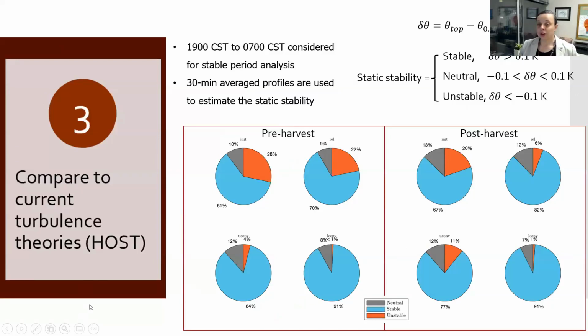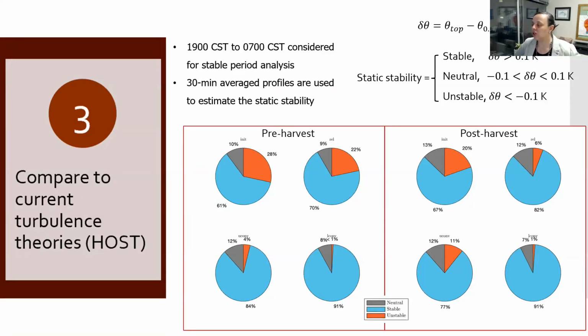Okay, so the last thing that we have been looking at is comparing this turbulence data to current theories. So really, again, taking this meta view of the whole nocturnal data set, 7 p.m. to 7 a.m., to look at stability and turbulence in this set.